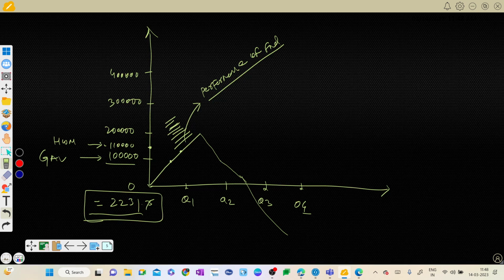In that case it doesn't make sense to pay, and no one will pay any incentive fees, because if you calculate, we already said the base GAV was this, and the current GAV, gross asset value, is 2231.75. So no one can pay incentive fees on this GAV, gross asset value of a fund.